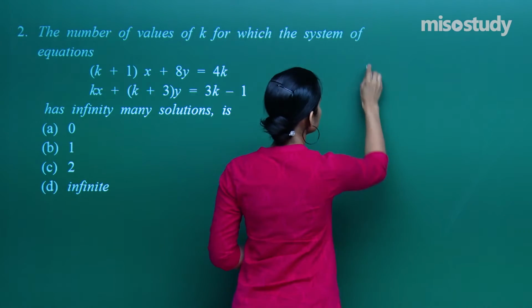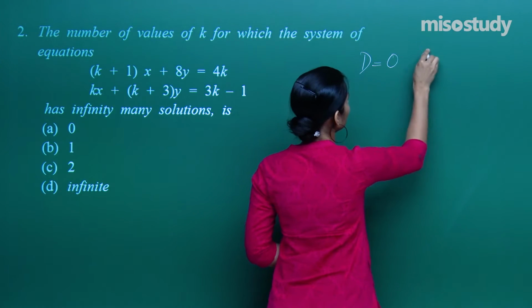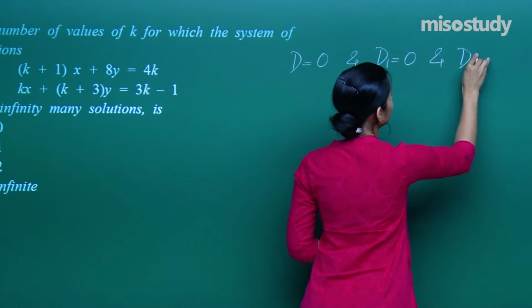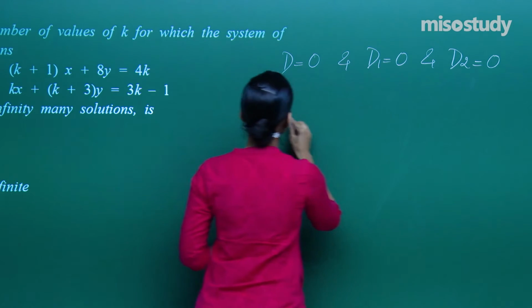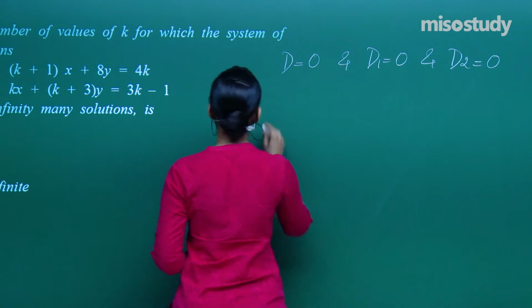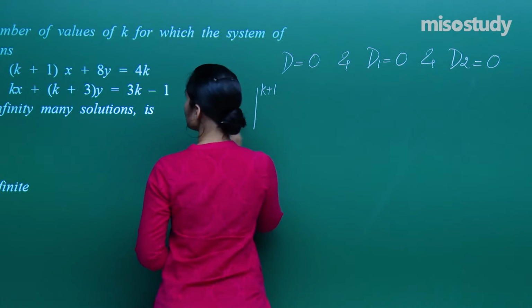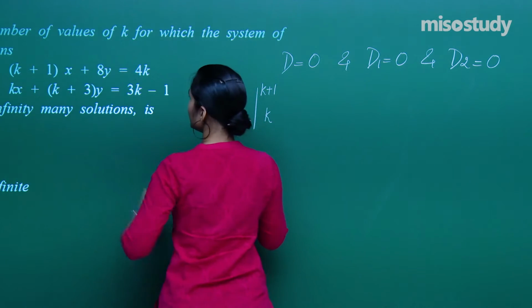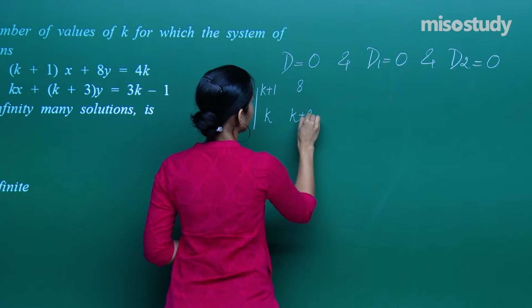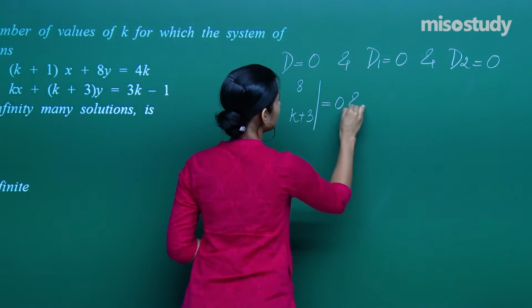What do I mean by this? D is 0 and D1 is 0 and D2 is 0. What is D? The determinant of the coefficient matrix, which is k plus 1, k, 8 and k plus 3. This determinant is 0.